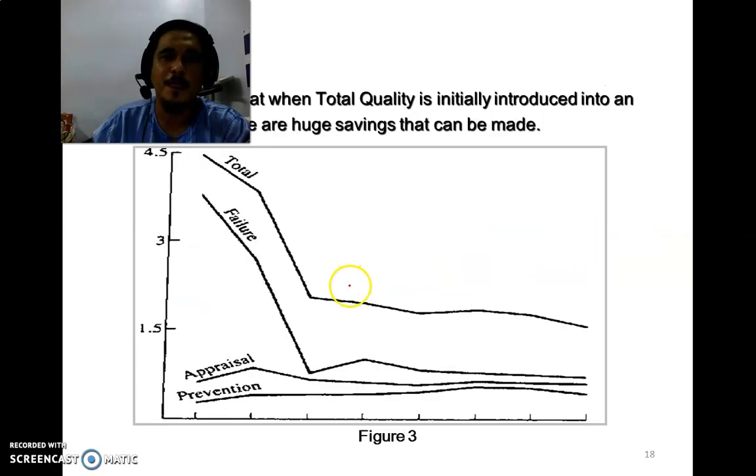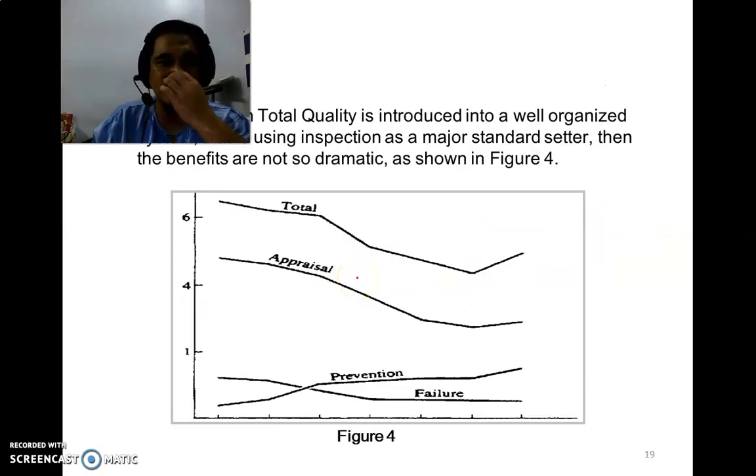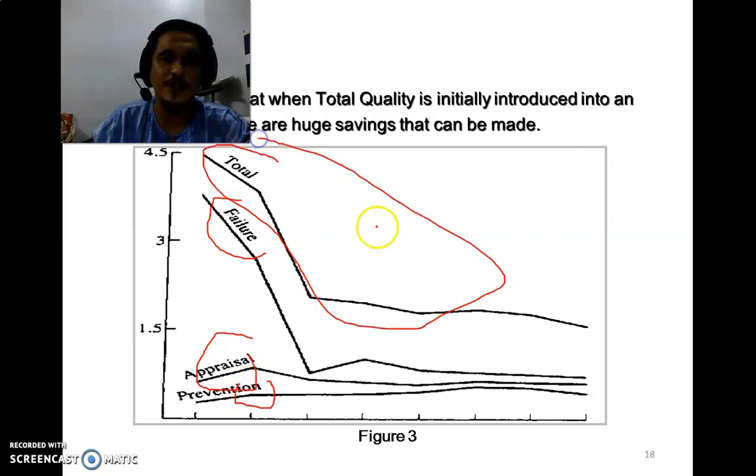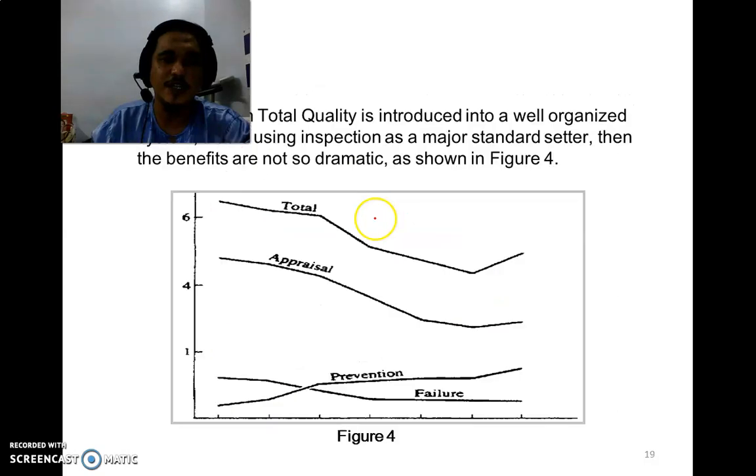Okay, then the others are talking about the implementation of quality cost in any company. They will do the evaluation of the failure cost, appraisal cost, and prevention cost to calculate the total cost related with quality engineering. Then this is another situation for company A, for example.